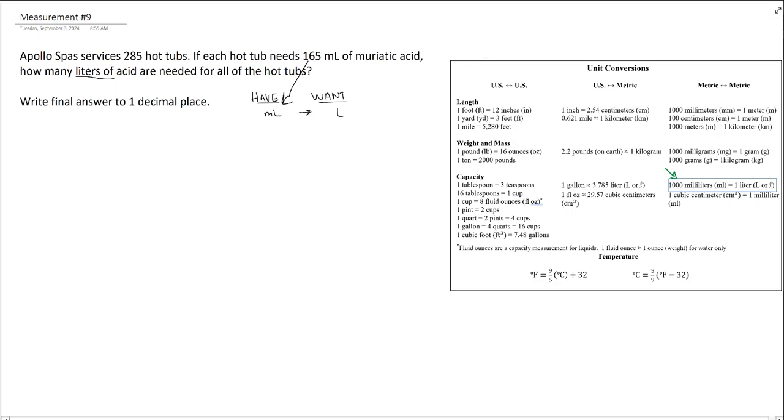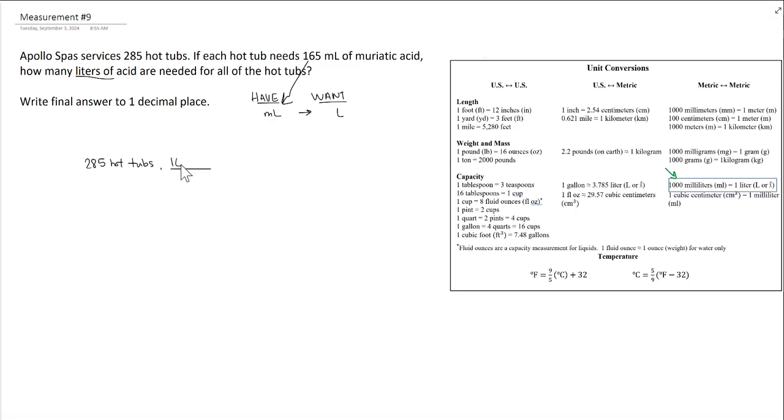To set this problem up, I'm going to also add in the 285 hot tubs. So if I have 285 hot tubs is the unit, and in each hot tub, we need 165 milliliters of uric acid. So what that means is I could actually write that second sentence as a unit conversion.